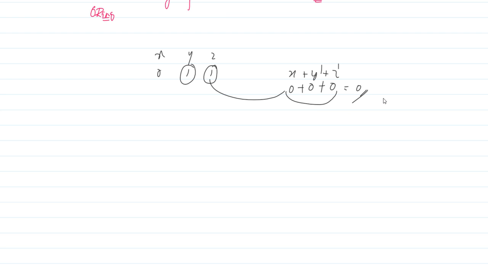What is the term here? x plus y prime plus z prime. Put x as 0; y is 1, so y prime becomes 0; z is 1, so z prime becomes 0. 0 plus 0 plus 0, you will get 0.